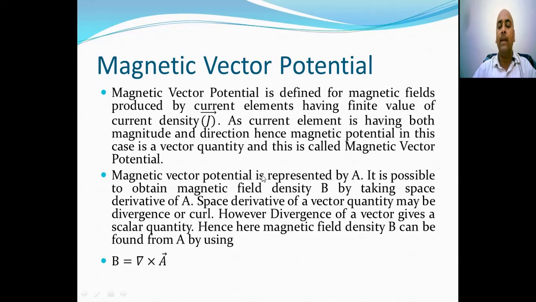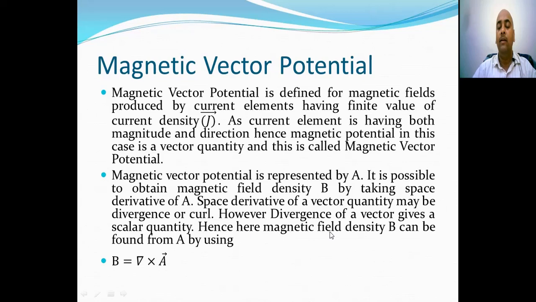Magnetic vector potential is represented by A, like scalar potential was represented by Vm. It is possible to obtain magnetic flux density B by taking the space derivative of A. Now the space derivative of a vector quantity may be divergence or curl. However, divergence of a vector gives a scalar quantity.